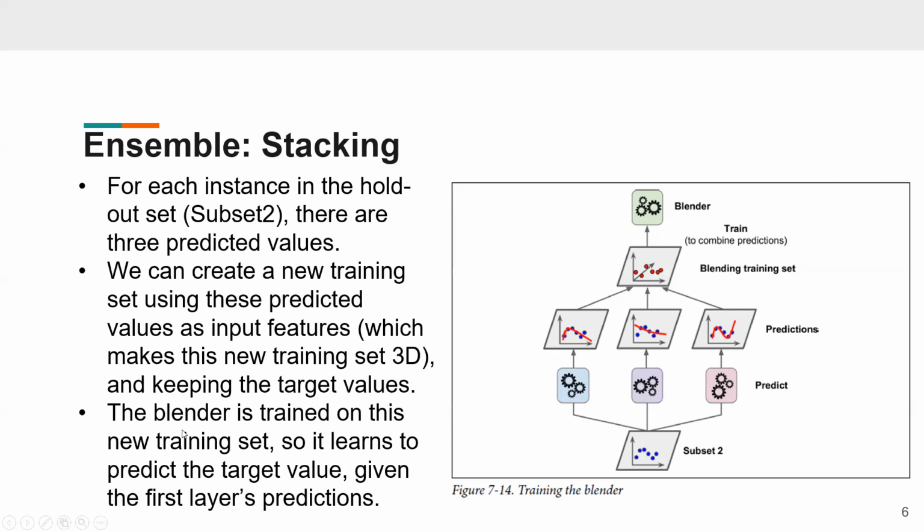The predicted values are our input, and you're training on those predicted values to come back with a new blender that produces a new predicted value. The blender is trained on the new training set, so it learns to predict the target value given the first layer's predictions. These are the first layer predictions, and you're trying to learn a new blended model. It's called a blender. This whole process is called stacking.